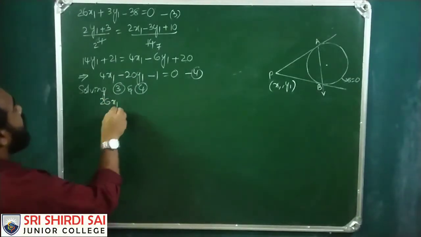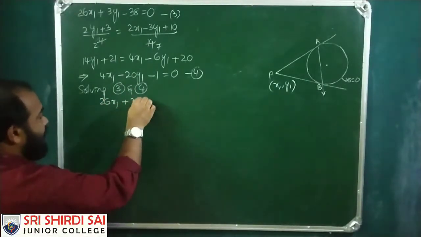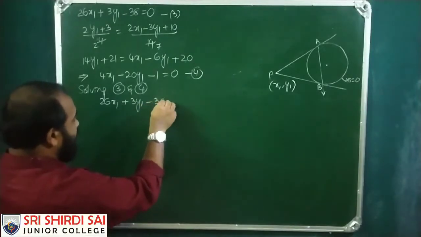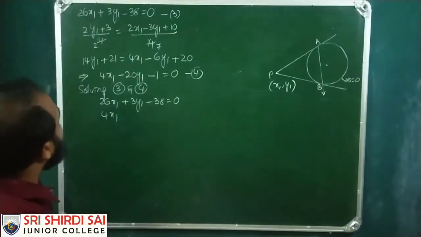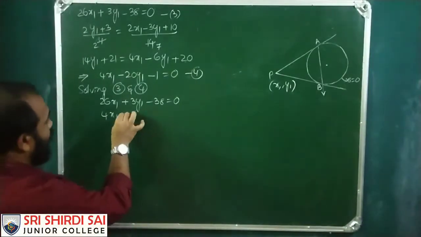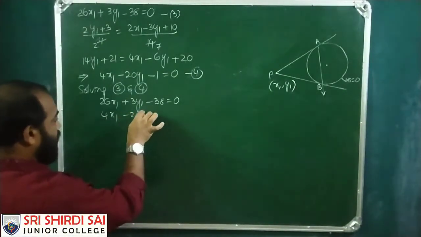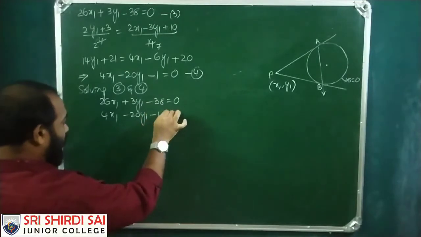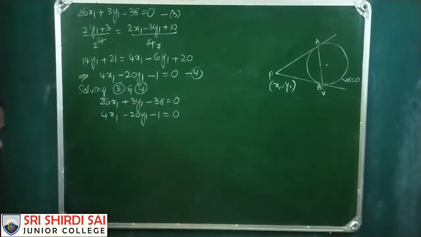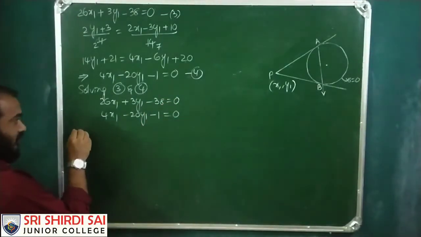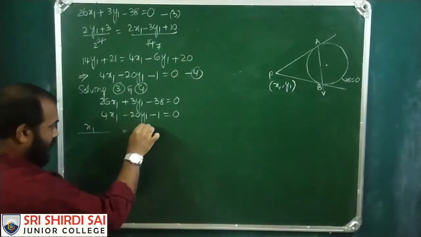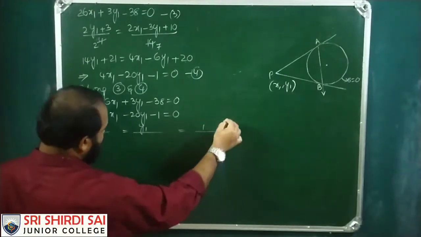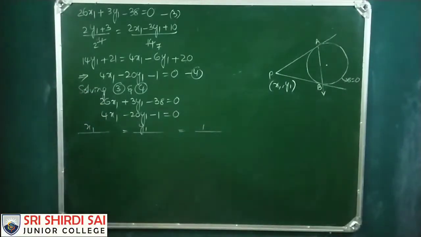26x1 plus 3y1 minus 38 equals to 0. 4x1 minus 20y1 minus 1 equals to 0. So solving, we get x1 by, y1 by, 1 by, this is the cross multiplication method.